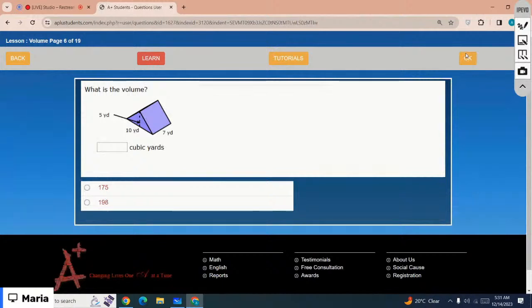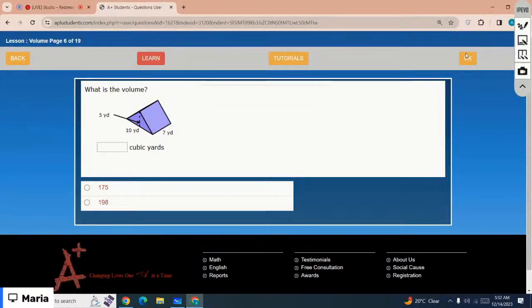Which is the correct option? And the correct option is 175, right?